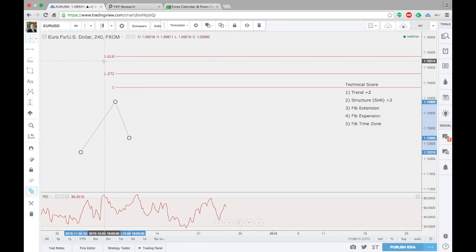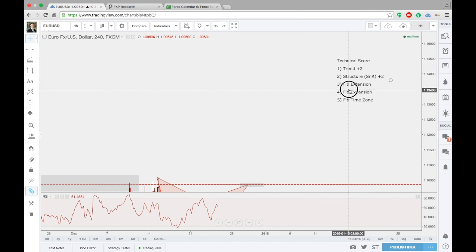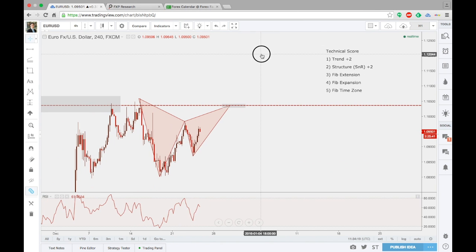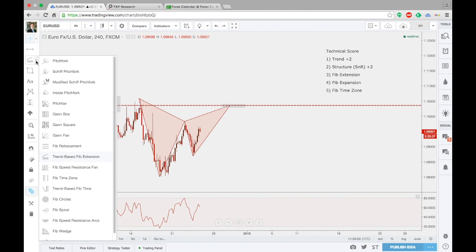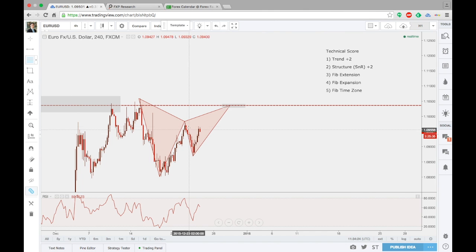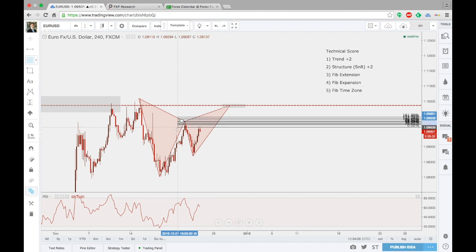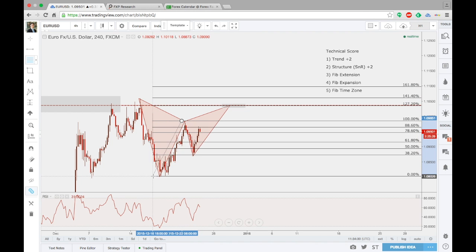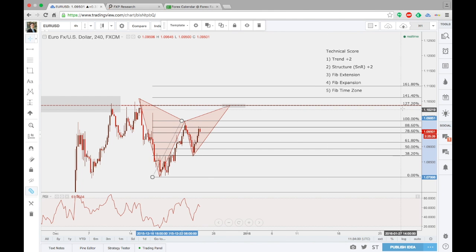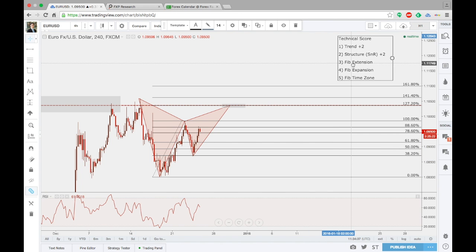The difference between these two, I'll explain on the chart itself on this Gartley pattern. For extension, what I like to do is pull in this Fibonacci retracement from this point, basically the midpoint of your pattern, to your A point, and you can see this 127.2 is considered a fib extension.